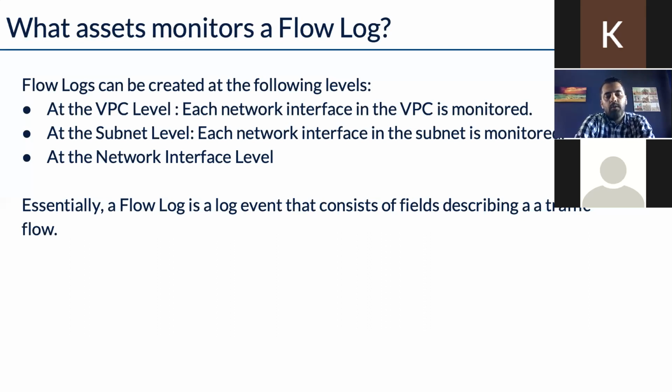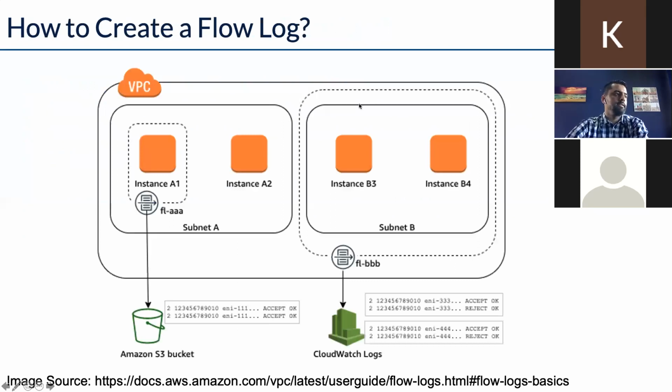Essentially, a flow log is a log event that consists of fields describing a traffic flow. This is an example that is taken from Amazon. As you can see here, you have a VPC, you have an instance, and the traffic of this instance is sent to an S3 bucket, but you have a subnet, and in this subnet you have 2 different instances, and those flow logs are collected and sent to CloudWatch.